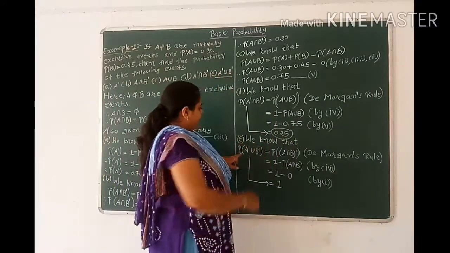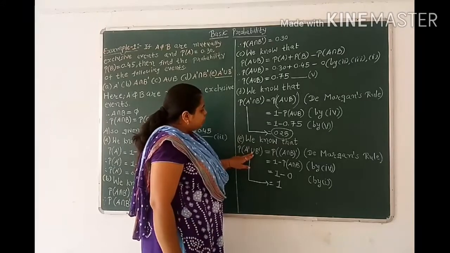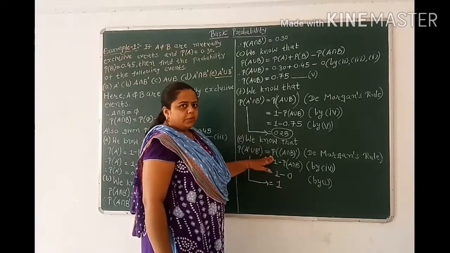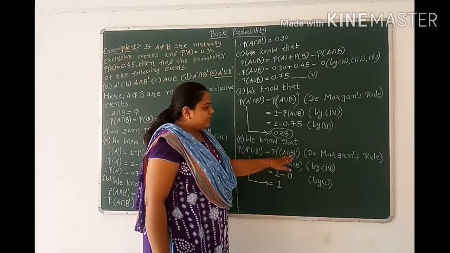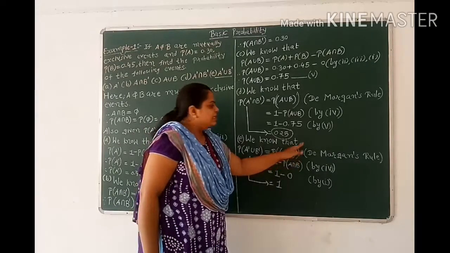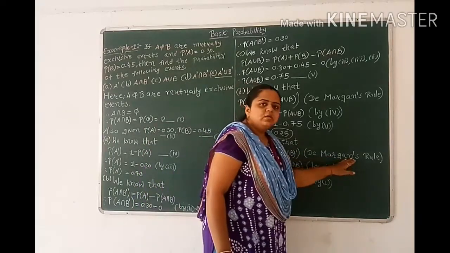We know that probability of A dash union B dash equals probability of (A intersection B) whole dash. This is De Morgan's rule.